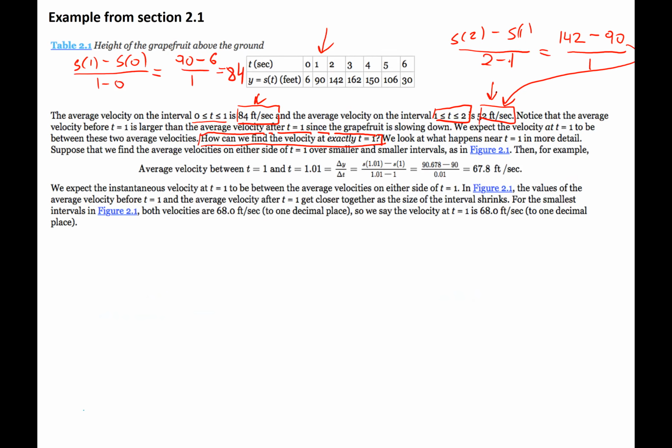And they took the average of this, 84 plus 52, dividing by 2, I believe this is 136. And this will be 68 feet per second.